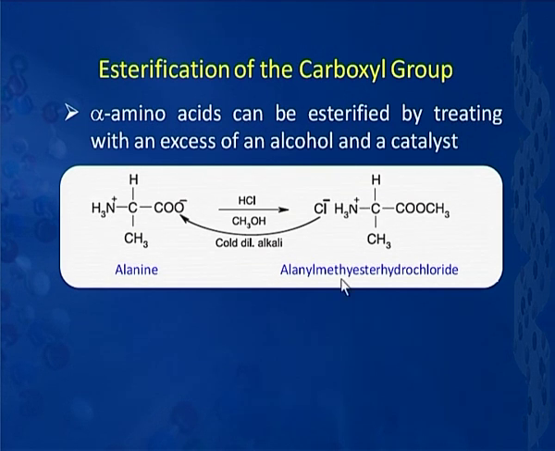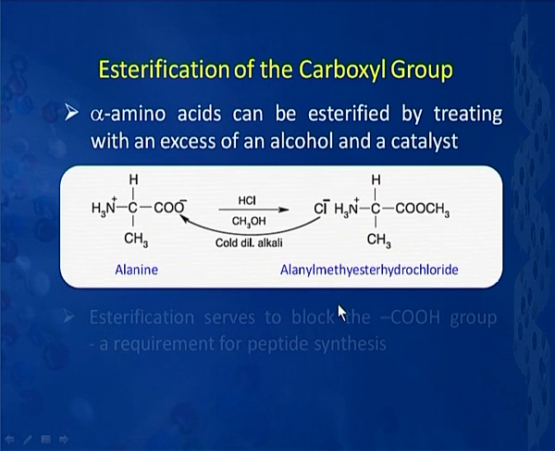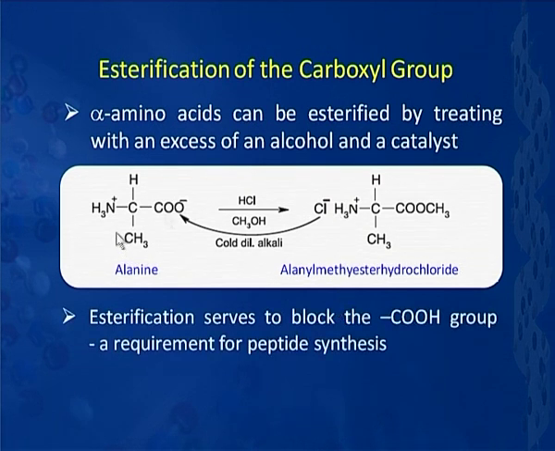Another beauty of this reaction is that just by simple hydrolysis I can generate back my amino acid. That means I protect it, perform the condensation reaction, generate my peptide bond, and thereafter I hydrolyze this group. So, I get my free acid back. So, this reaction again is very important for peptide synthesis.